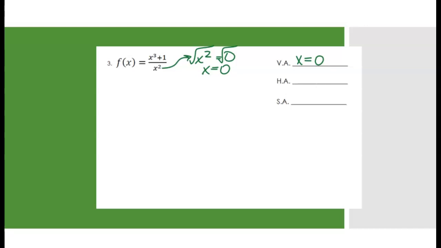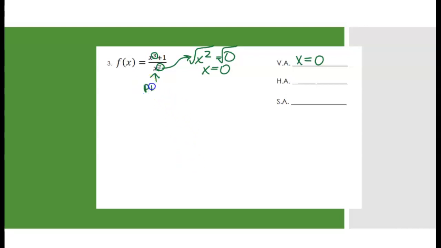So in order to find the horizontal asymptote, you want to look at the degree. So the degree of the numerator is what? 3. And the denominator? 2. And so that means that we've got the second rule of the horizontal asymptote section of our notes.